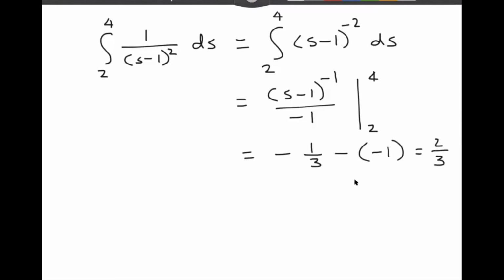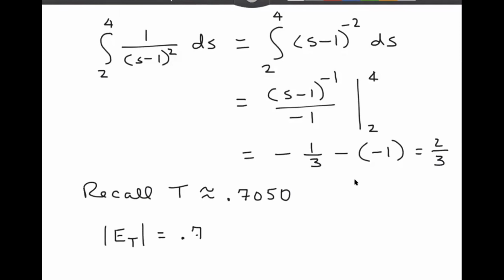Now remember from example 1 that the trapezoidal rule estimate was about 0.7050. So that means that the actual error is 0.7050 minus 2/3. I'm not going to try to do that math in my head.